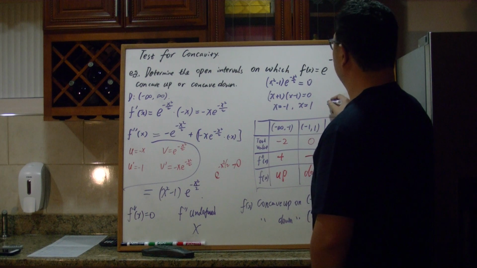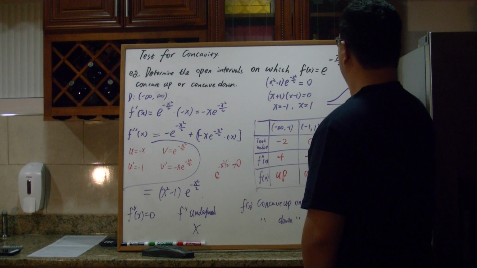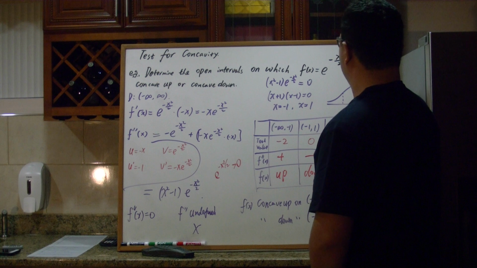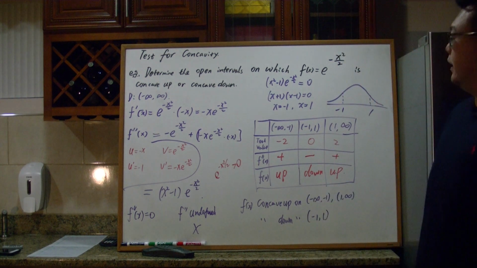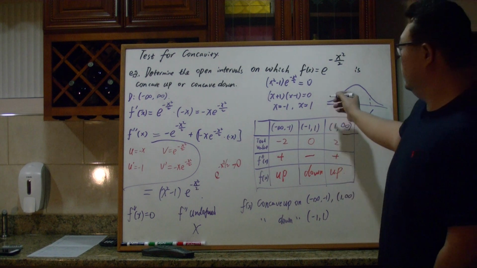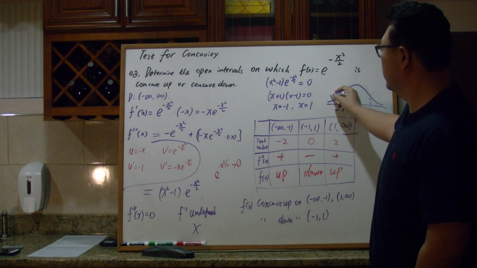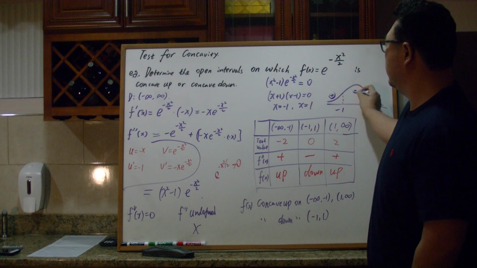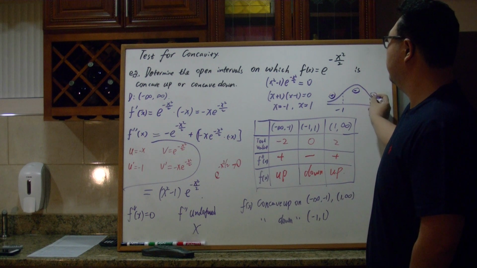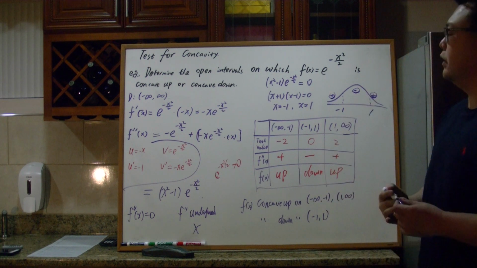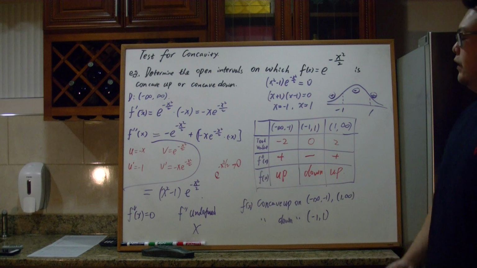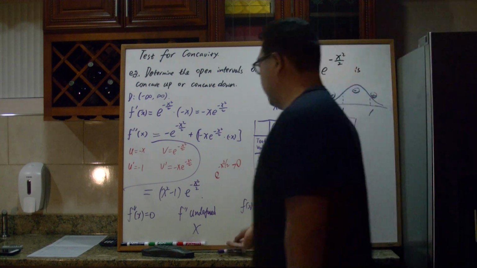It matches the curve we drew before. It is at negative 1 and positive 1 that the concavity changes, from concave up to concave down, then to concave up.